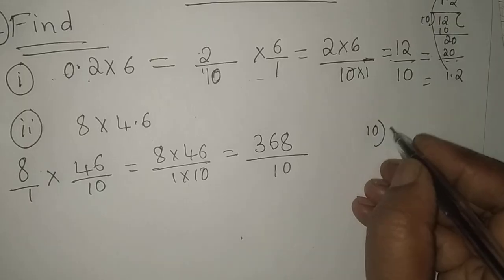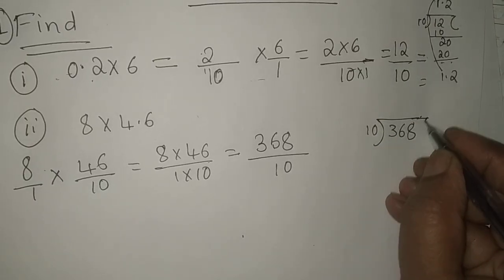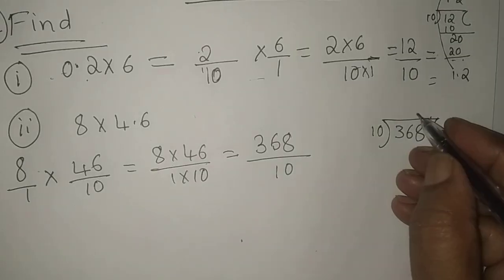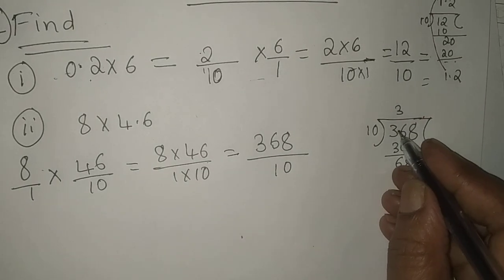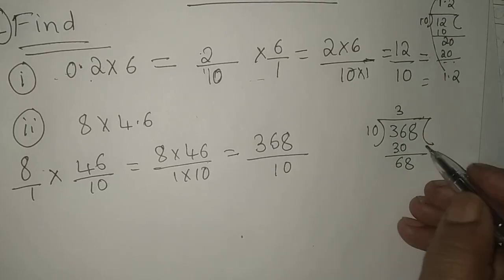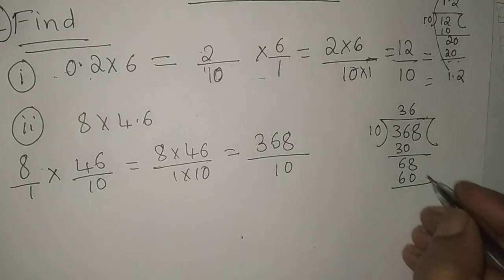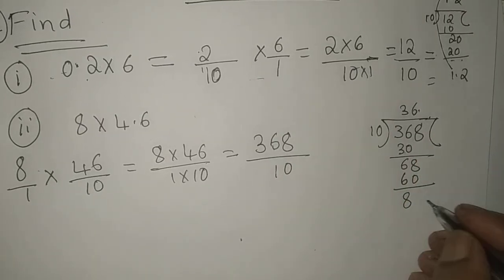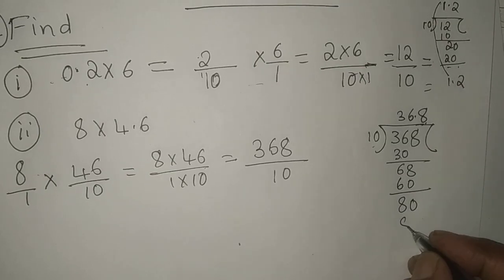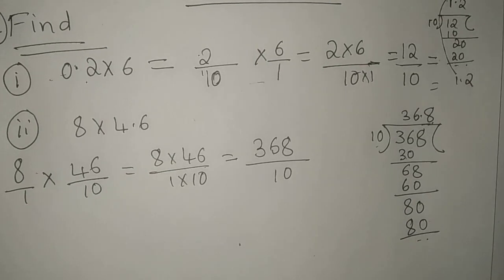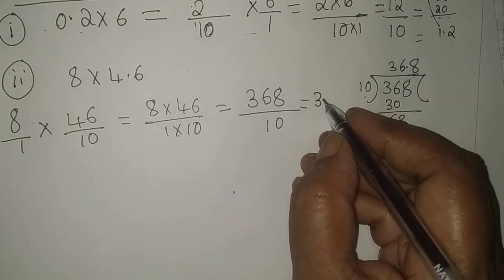So now we'll see how much 368 divided by 10 is. 10 3s are 30, 68 remainder, then 6s are 60, therefore 8 remainder, put a point, put a 0, then 80, 10 into 8 is 80, then you get 0 here.